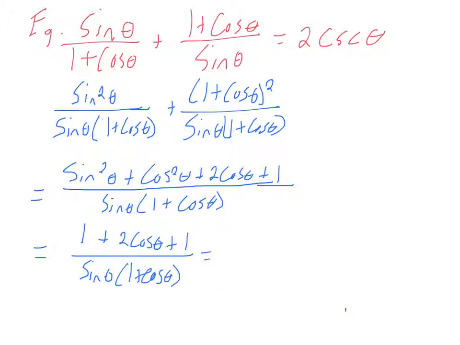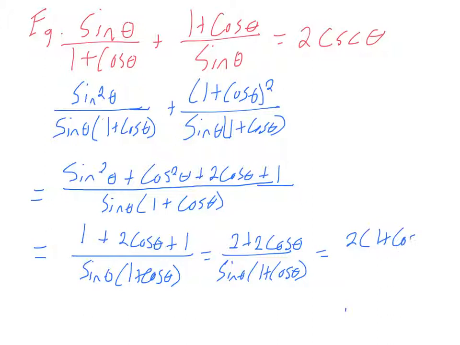Now on top there, we can add those two together. We get 2 plus 2 cosine theta over sine theta times 1 plus cosine theta. And then at that point, we can factor out the 2, right?